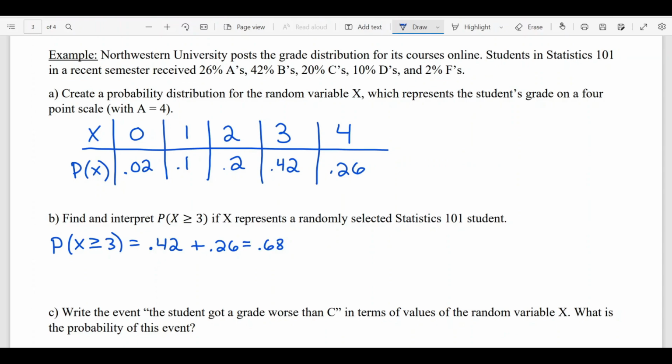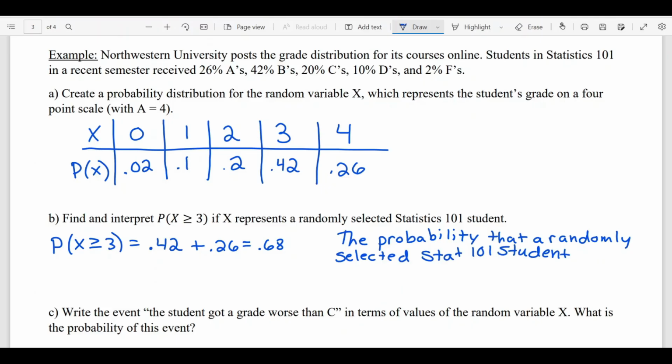Now, interpreting it, we want to put context, remember, in our interpretations. We don't just want to write out the probability X is greater than or equal to 3 is 0.68. That is not a good interpretation. Any interpretation we do, we want to include the context. So the probability that a randomly selected Stat 101 student, and then we want to interpret what X being greater than or equal to 3 means.